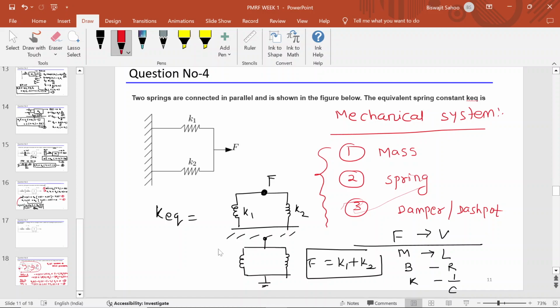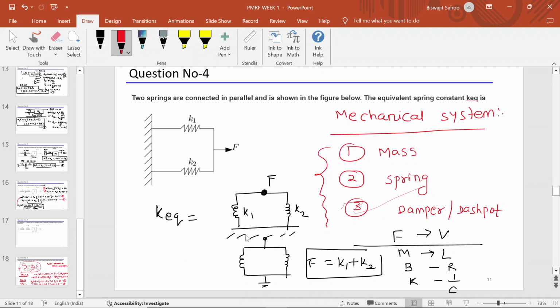All static systems are by default causal systems, right? But the reverse is not true. A causal system also depends on the past, but a static system doesn't depend on the past; it depends only on the present value.